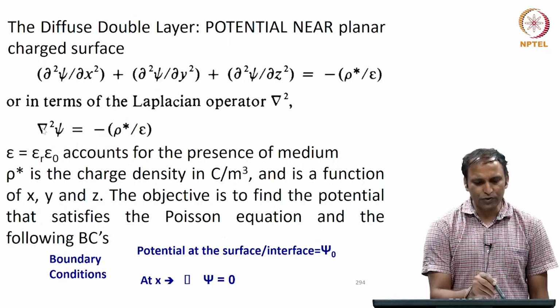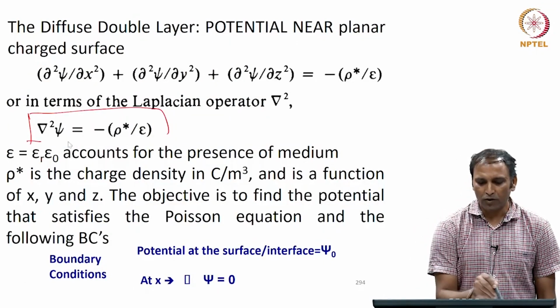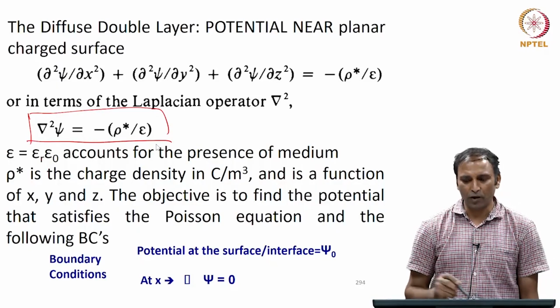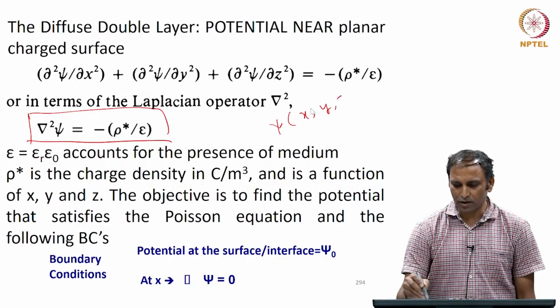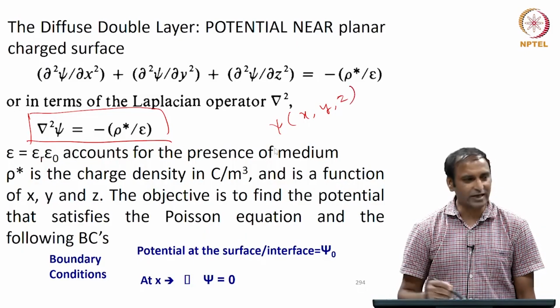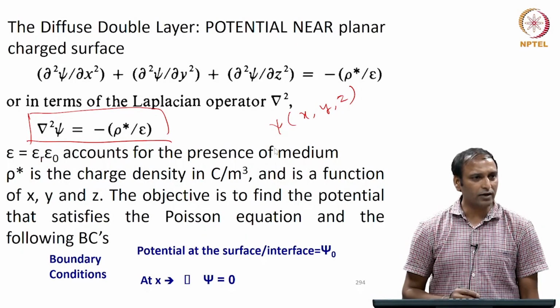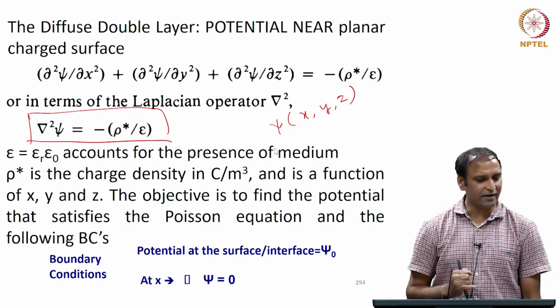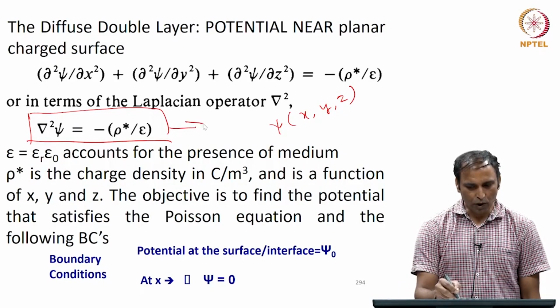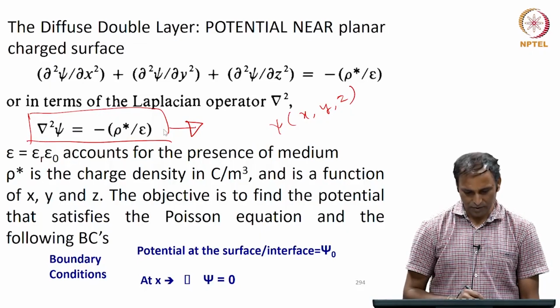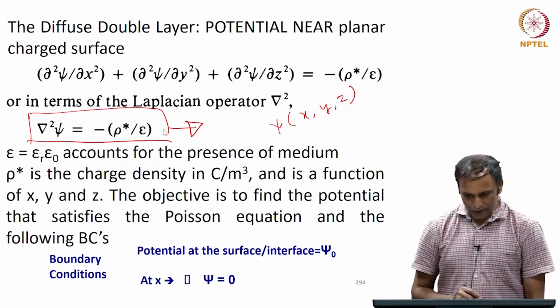Now what we would like to do is solve this. We know that psi is a function of x, y, z, and I would like to look at the variation of psi as a function of x, y and z. For that we would have to solve the Poisson equation.